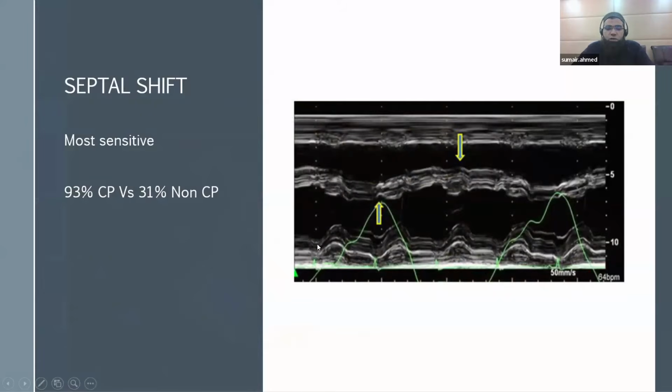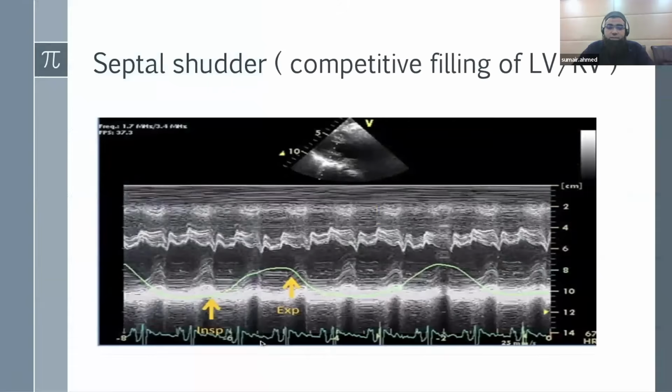So what we see here is during the inspiration the septum is coming towards the LV, and during the expiration the septum is again moving away from the LV towards the RV. So this is actually a septal shift, and this is the most sensitive feature in diagnosis of constrictive pericarditis.